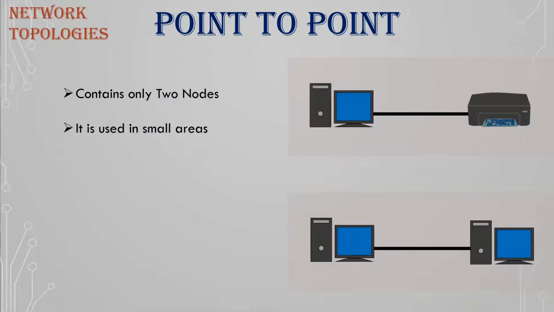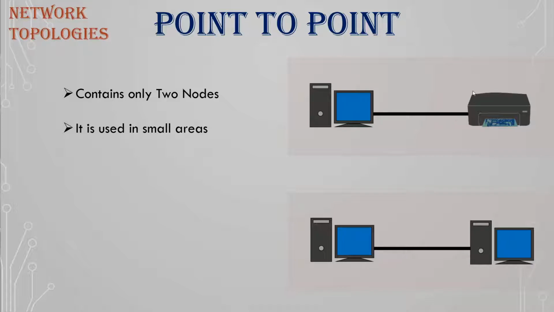Point-to-point topology. The point-to-point topology contains only two nodes connected together to form a network. It is commonly used in a small area where the nodes are close to each other. This type of topology is commonly seen in our home networks.